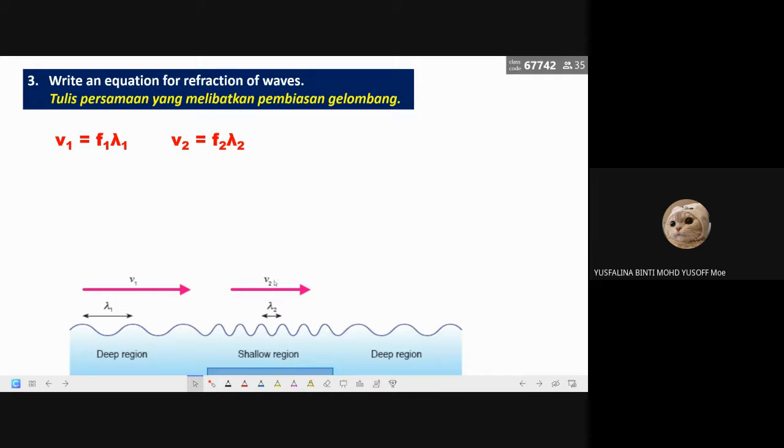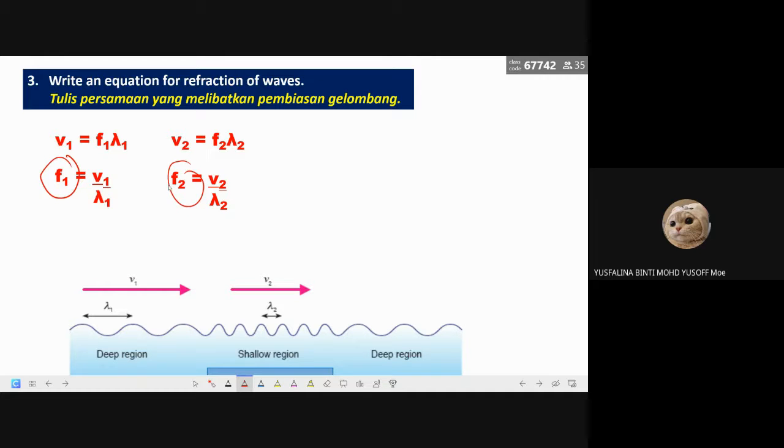This one describes the shallow region. Then, you know that F1 equals V1 over lambda 1 and F2 equals V2 over lambda 2. And you know that for refraction, the frequency is the same. F1 and F2 are actually the same value.